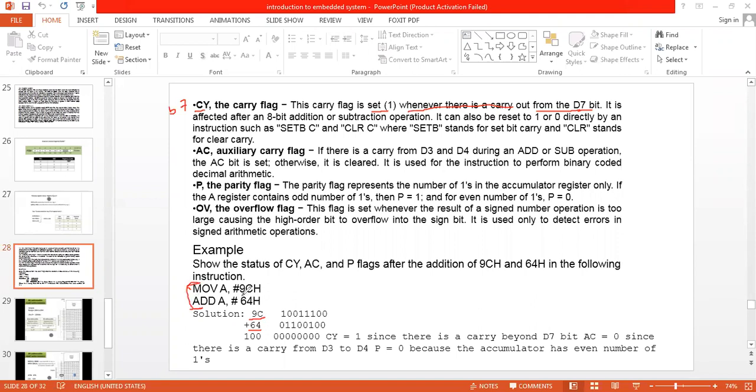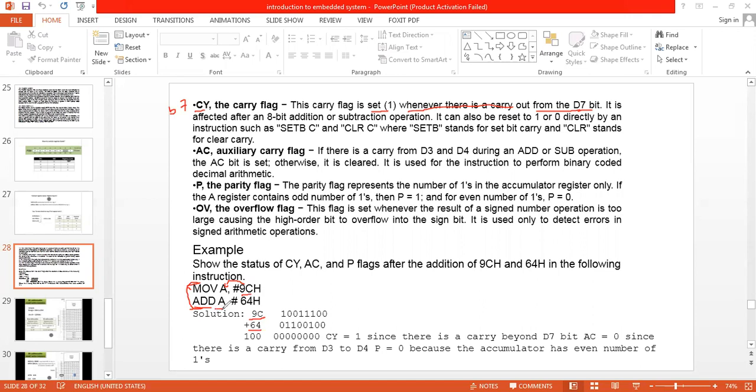First, copy the value of 9C into A, move the content 9CH into the A register, and add. See, there is an arithmetic instruction, addition. Then during arithmetic and logical instructions, I have to use the A register.